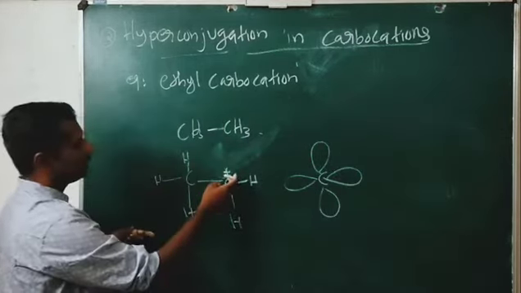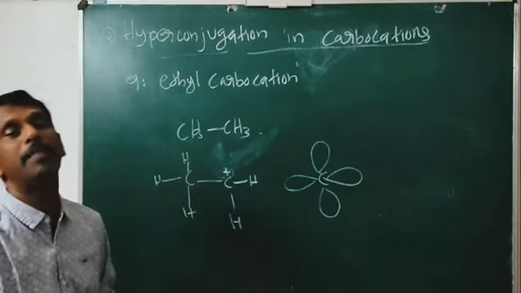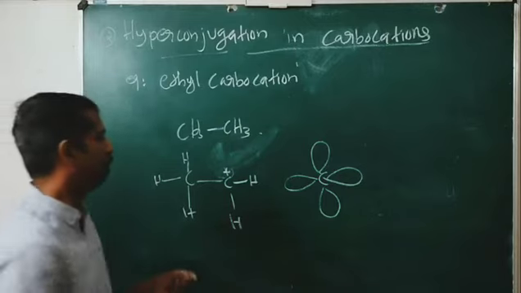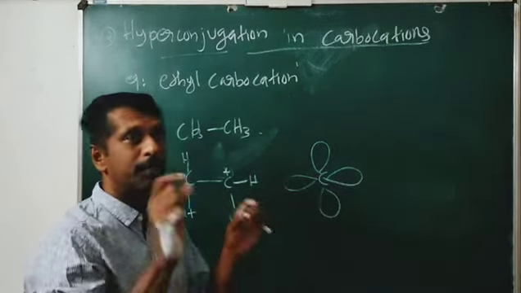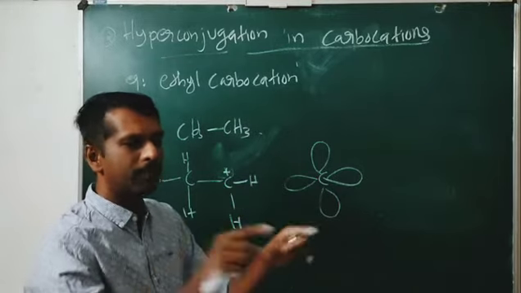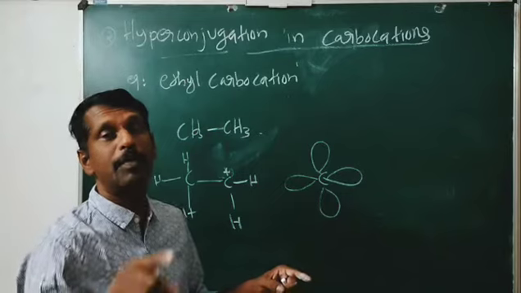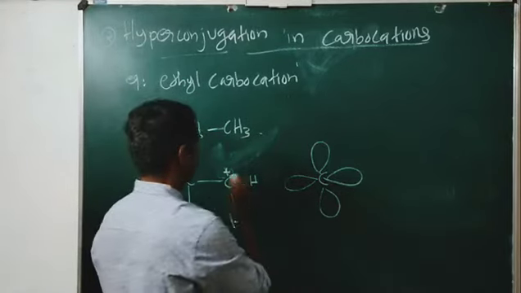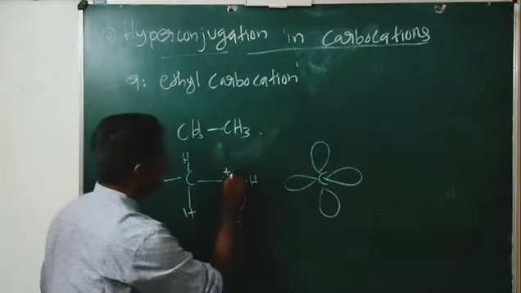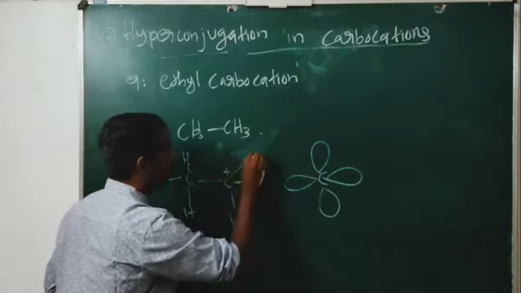Here you can see that this positively charged carbon is in sp2 hybridized state. sp2 means one s and two p orbitals mix together. The last p orbital is vacant and will not take part in hybridization. Keep it in mind, the positively charged carbon is in sp2 hybridized state.